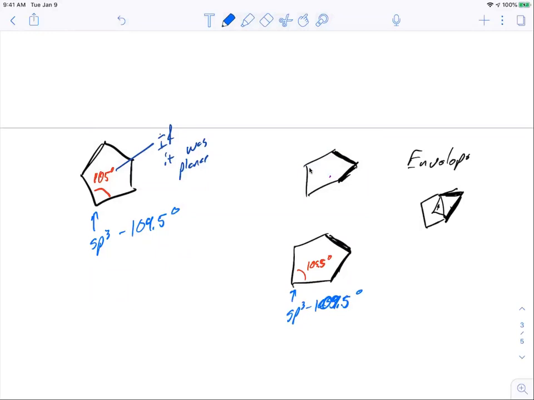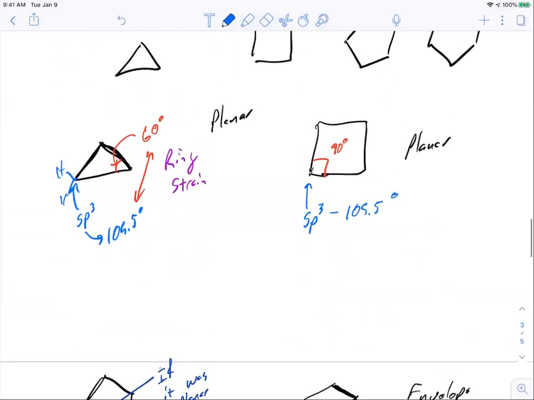And the reason it's straining to do that is if you show the Newman projection, your Newman projection is going to have some near eclipsed groups. So if we think about even a 3-membered ring, since these hydrogens here and these hydrogens here have to be aligned, they're eclipsed. These hydrogens here, these are all eclipsed.